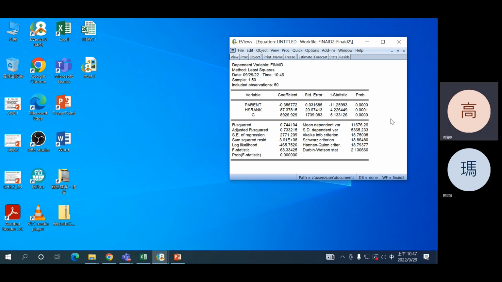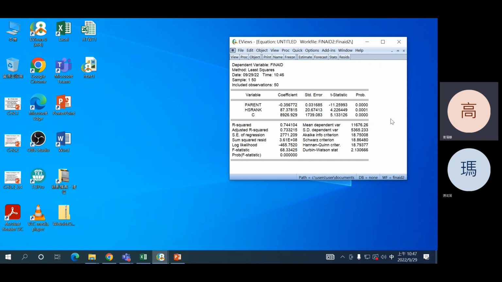Or let me name one. Think about it first: how to interpret negative 0.36? We just use 2 decimal places. That'll be fine.